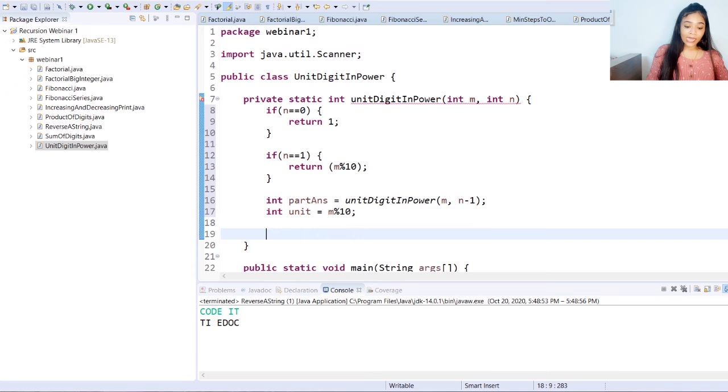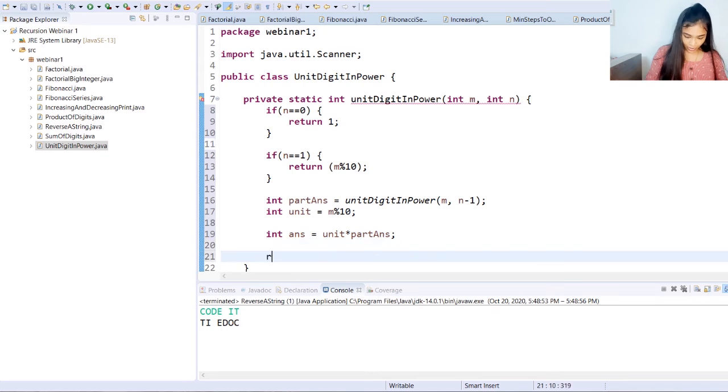Okay, alright. Now the answer, when you multiply these two, that will give us the value, and we just have to return the unit digit of that. So we are multiplying unit digit with part answer, and we are storing it in answer, and we are finally returning the last digit of this answer.